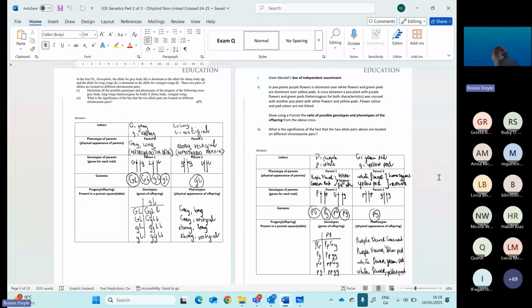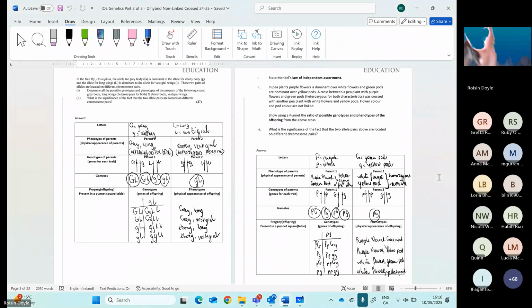I'm sorry, I'm just trying to plug in my laptop at the same time. So that's how you would use the template that I've just demonstrated to conduct a dihybrid non-linked cross.